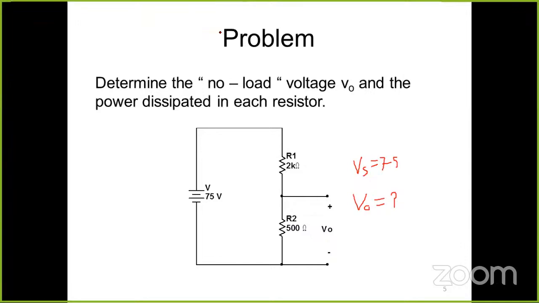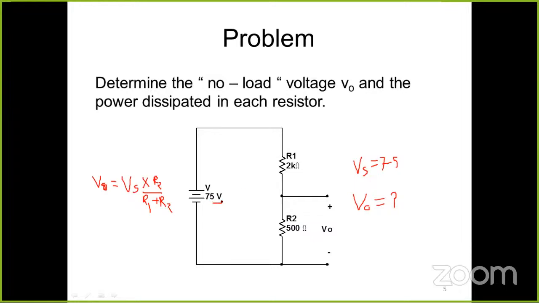Yes, do it fast. The formula that we have given is V output is equal to V supply into R2 divided by R1 plus R2. This formula we have to use.